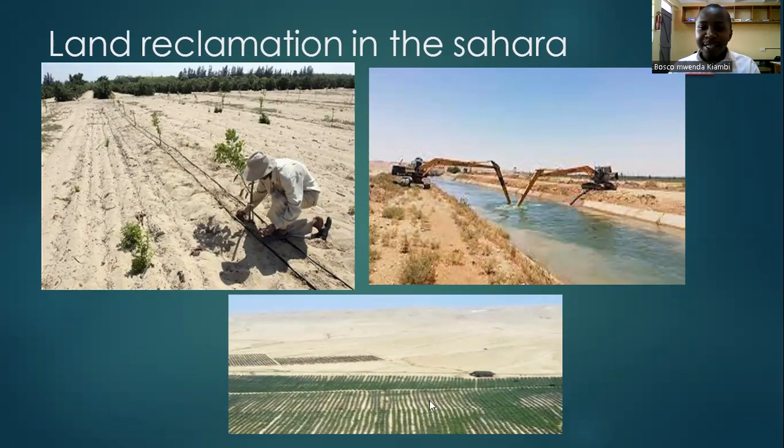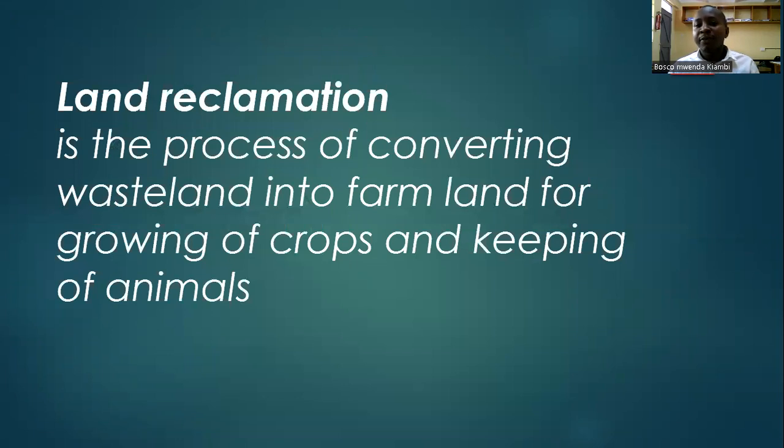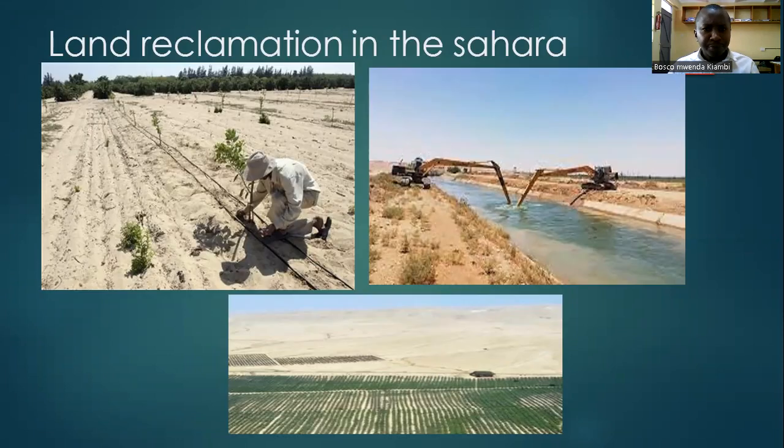You can also see that on this photograph on the lower end, they are trying to green the desert. This is actually a photograph that has taken place in Israel, that is in the Negev desert. So whatever they are trying to do here is that they are trying to convert this wasteland into a more productive land. So that is what we define, or that is what we refer to as land reclamation, right?